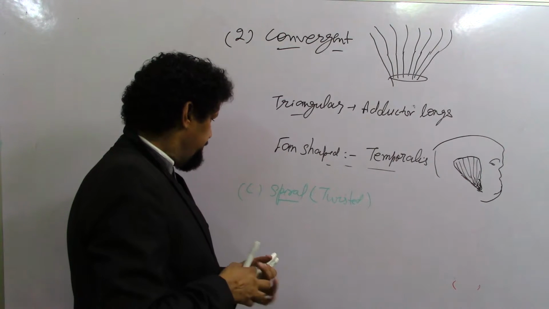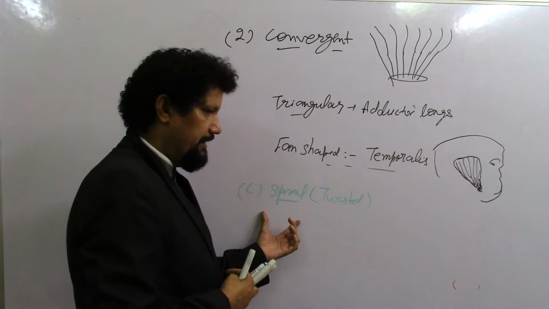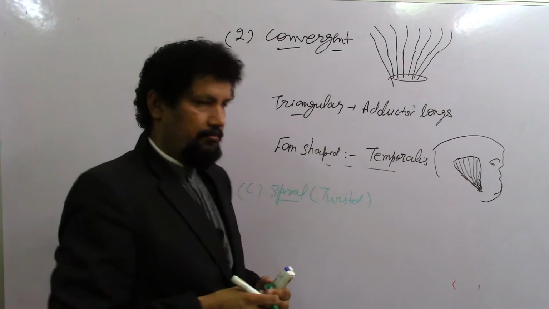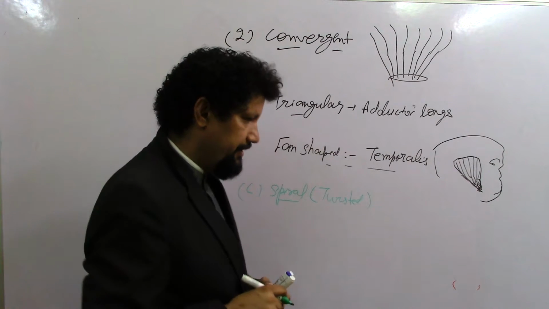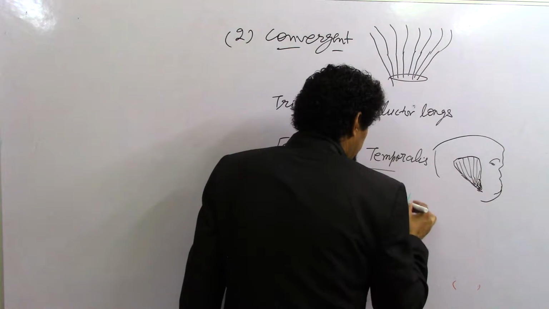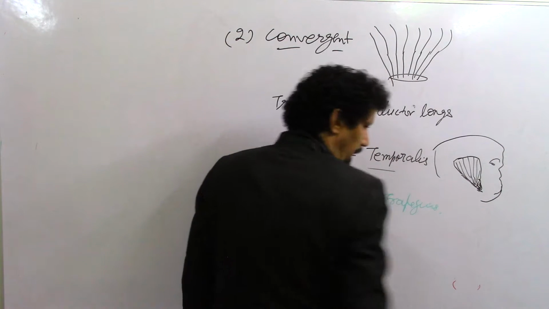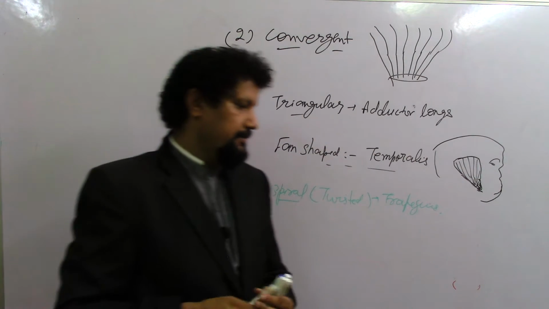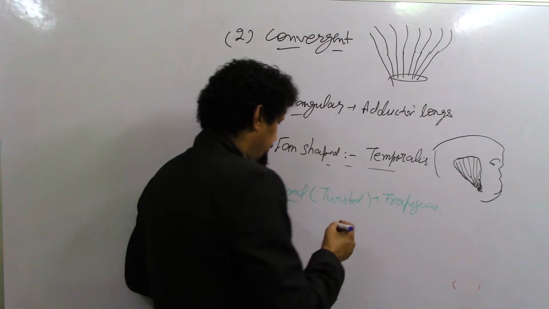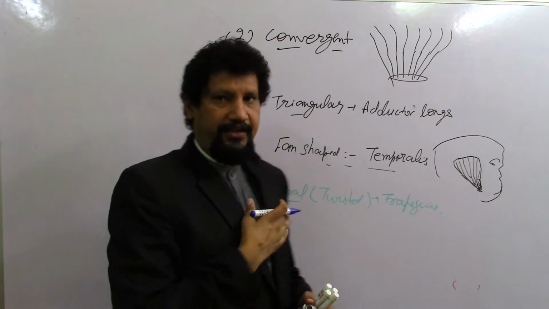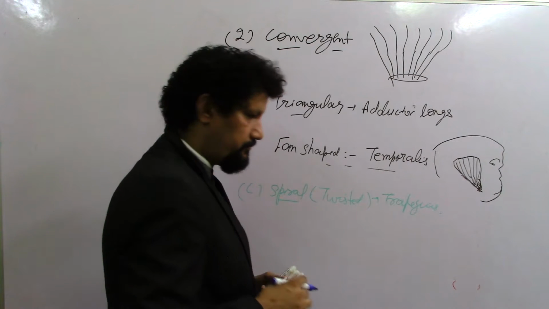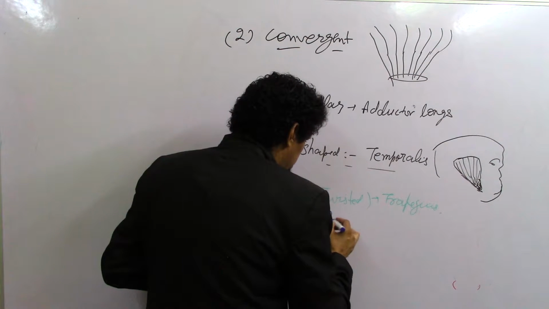The spiral architecture is seen in the adductor muscles of the thigh and the trapezius muscle, and this type of pattern is also seen in the muscle of the anterior wall of the thorax, that is the pectoralis major muscle.